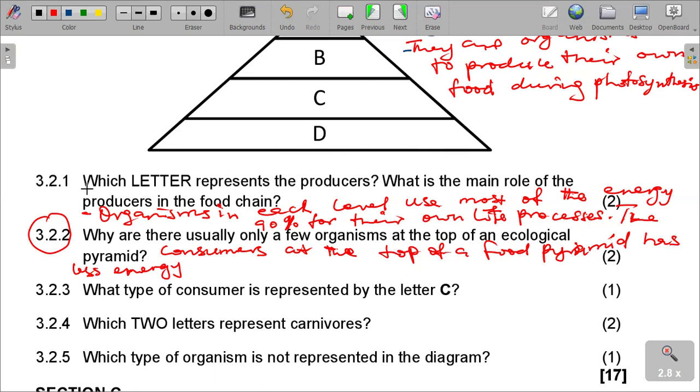There's less energy available to them, and only a few consumers can be supported.